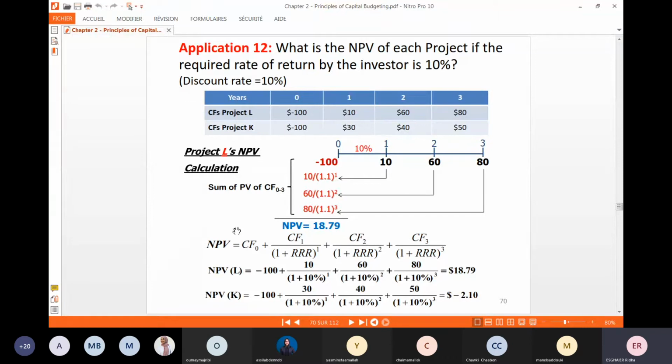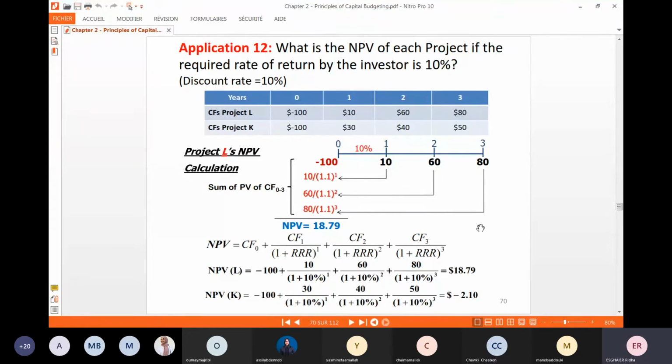What are we going to say here? Follow me well on the meaning of this criterion. It's very important to understand the meaning. First of all, when you discount each cash flow by 10% before making the sum, it means that from each cash flow you first subtracted the cost of the capital used to be able to generate this cash flow, to be able to invest in this project.